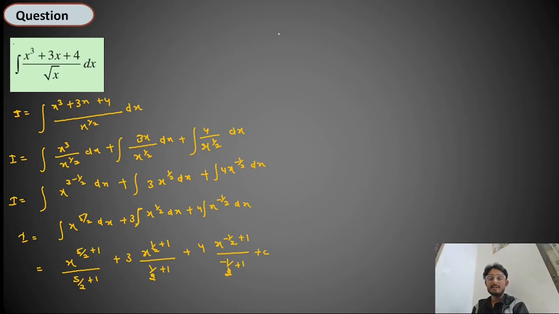From here you will get x to power 5 by 2 plus 1, which is 7 by 2, and 5 by 2 plus 1 also 7 by 2, plus 3 x to power 1 by 2 plus 1, 3 by 2, and 1 by 2 plus 1 is 3 by 2, plus 4 minus 1 by 2 plus 1 is 1 by 2, and here also 1 by 2, plus c.